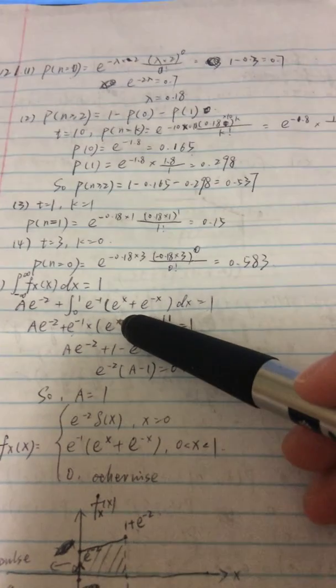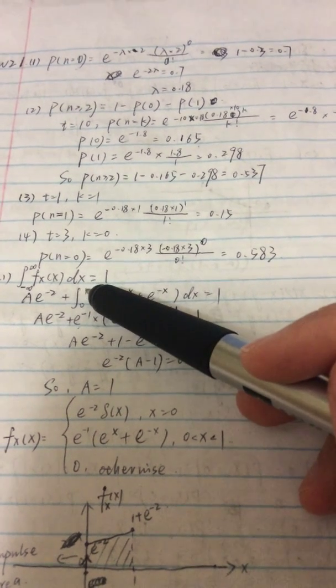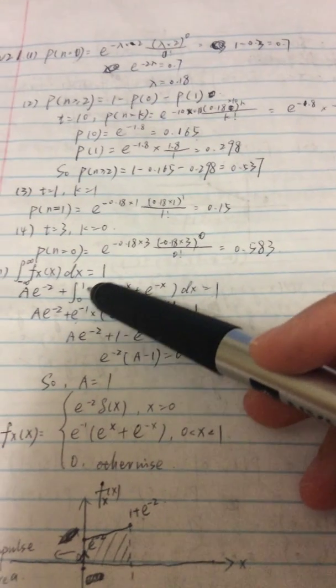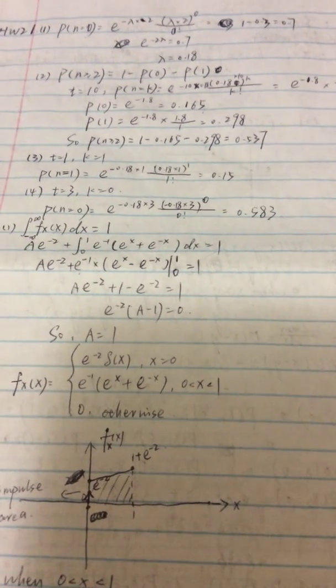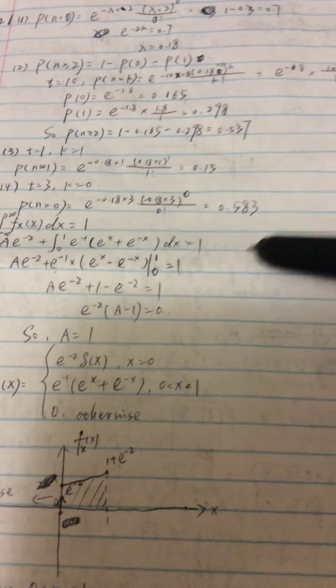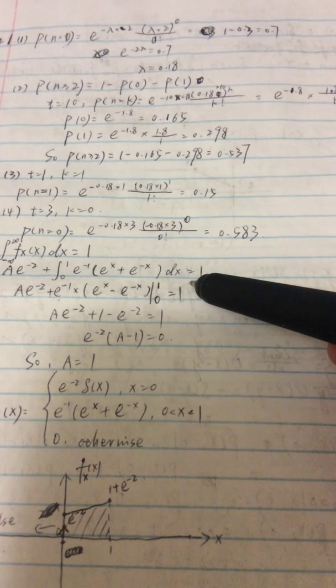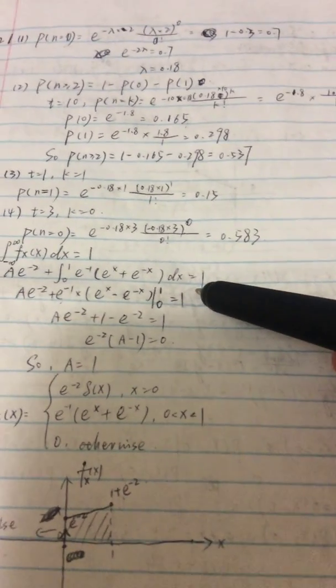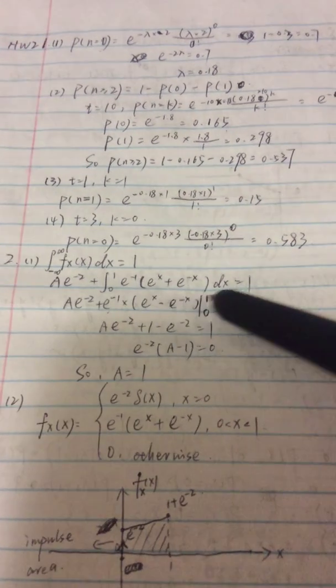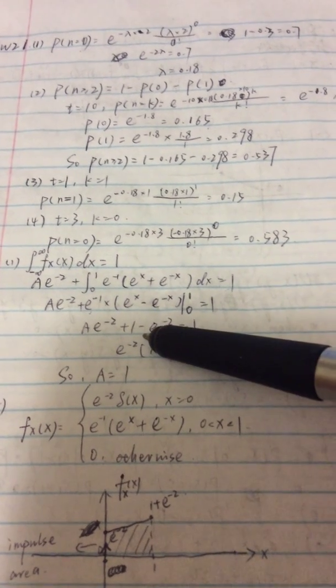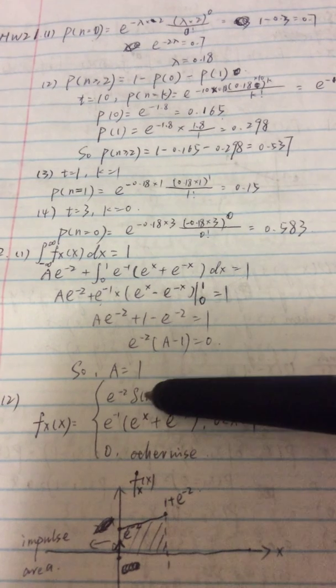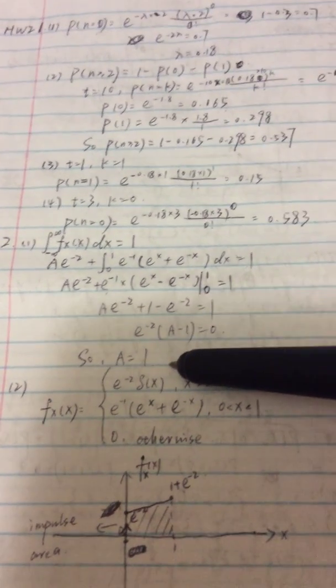And when x is greater than 0 and smaller than 1, the expression is like this. And when x means other value, the value of fx is 0. So we sum them up, it is 1. And then by calculation, we can get a equals 1.